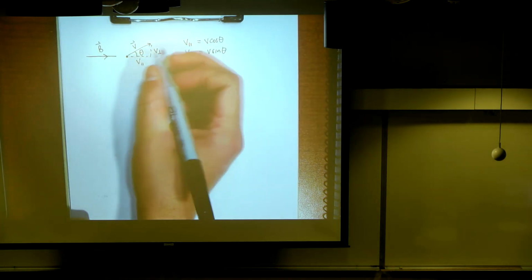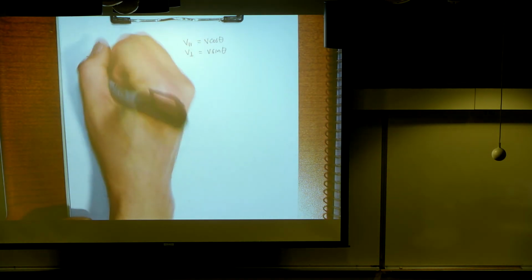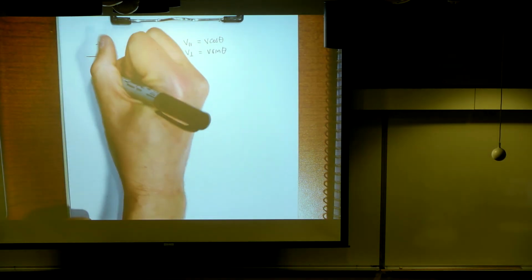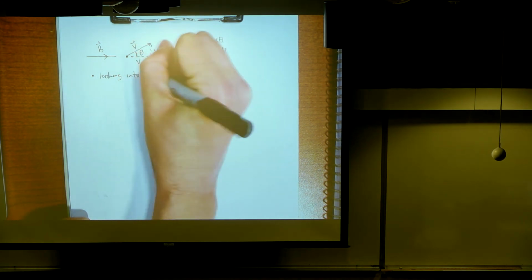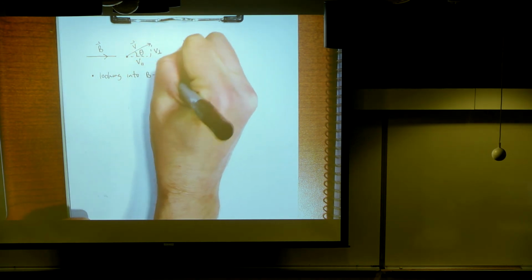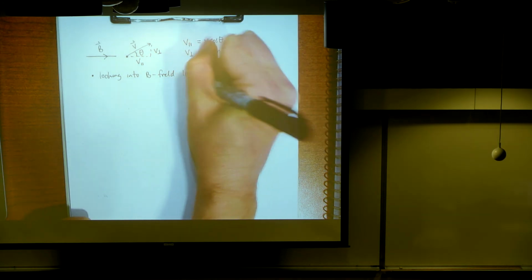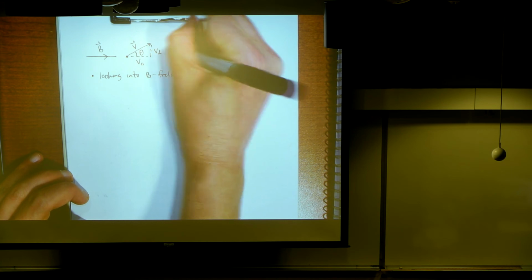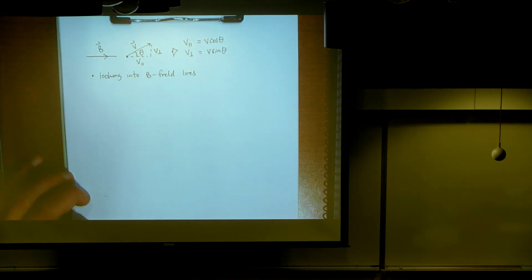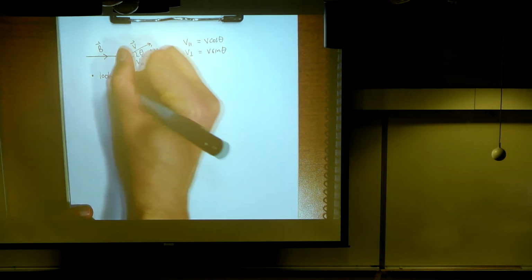So now what I want us to do is take the perspective looking into the B field lines. So imagine your eye is basically here, and you're looking that way, okay? From that perspective, here's what you'll see.